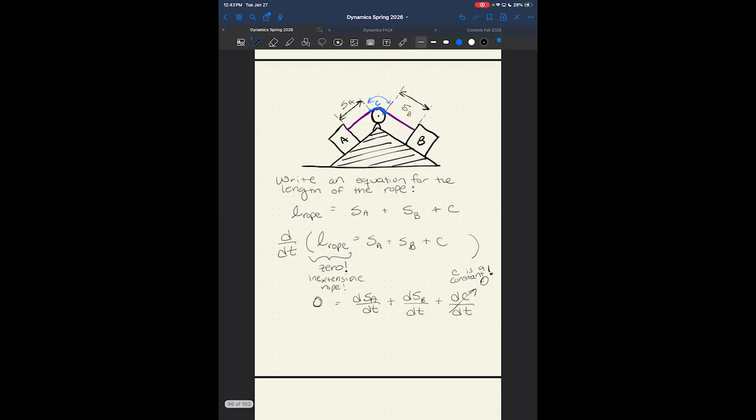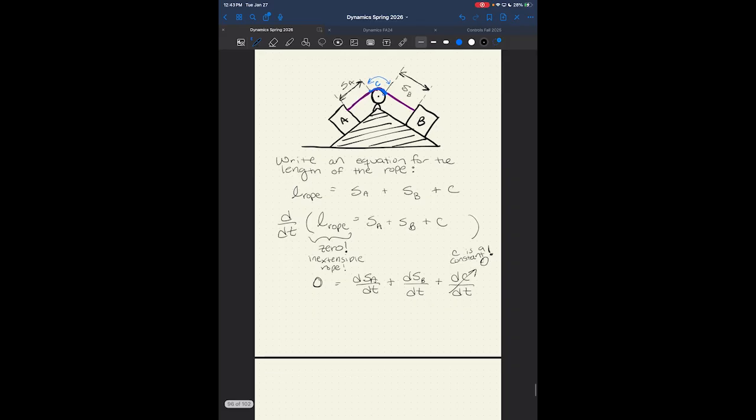All right. Now tell me, how might we relate this change in distance SA to the way that particle A is moving? Yeah, so I've defined this time rate of change of SA. SA is the distance between particle A and the edge of the pulley. And we maybe have an expression, SA dot, of how that's changing in time.